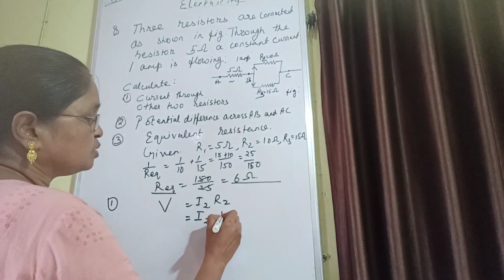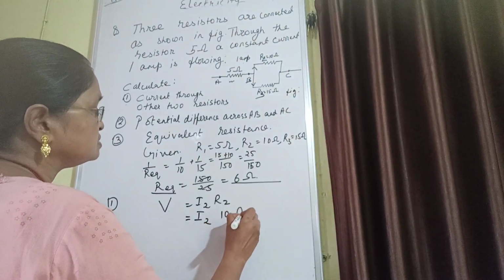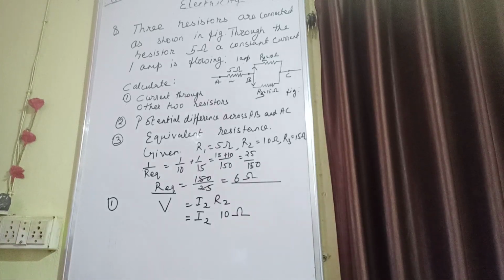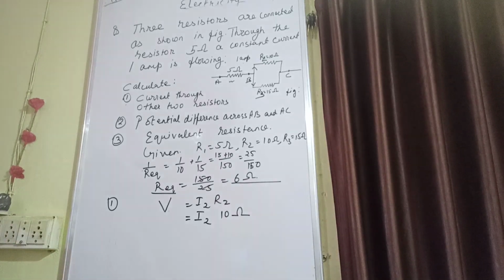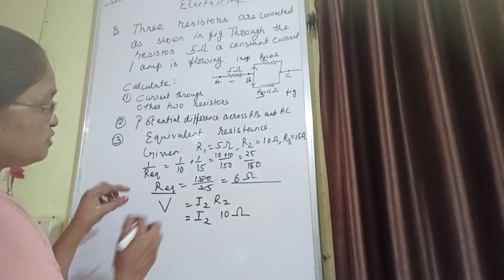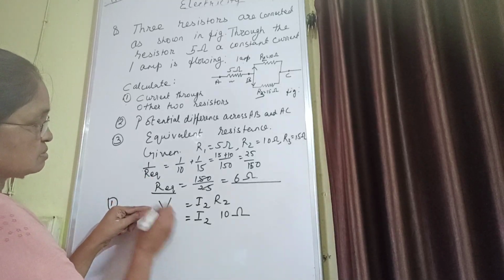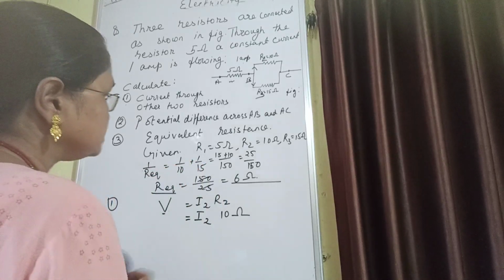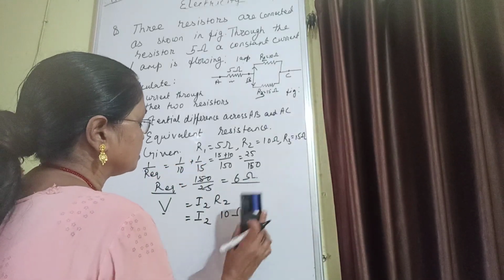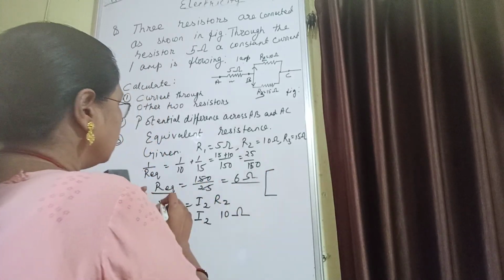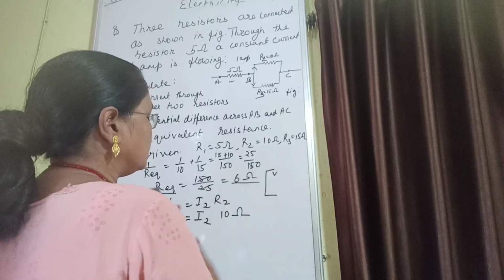R2 is 10 ohm, and then what will we take for V? That V is nothing but where we are getting 6 ohm. So we don't have V now. So what will we do for that? Just see. V is equal to IR.